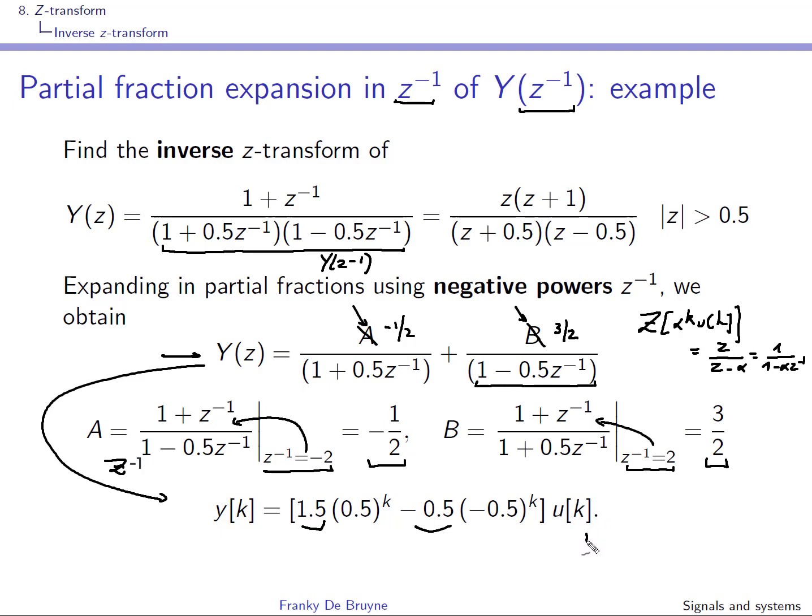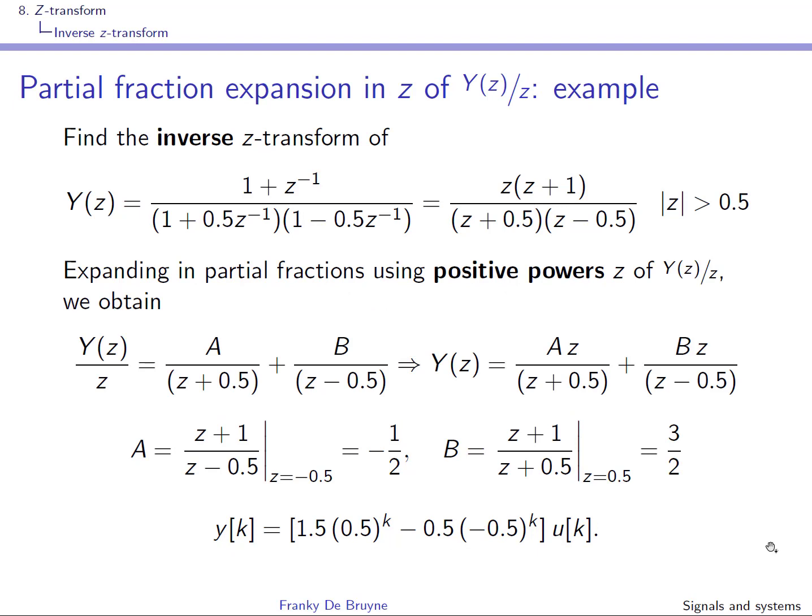So this is the inverse z transform of y of z, and here we have worked with the variable z minus 1. What we'll do now is work with the variable z instead of z minus 1.